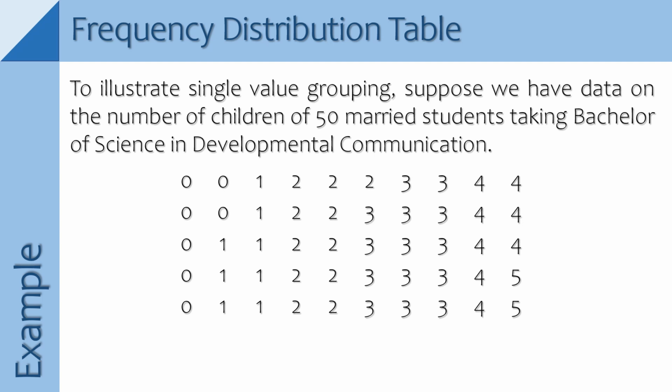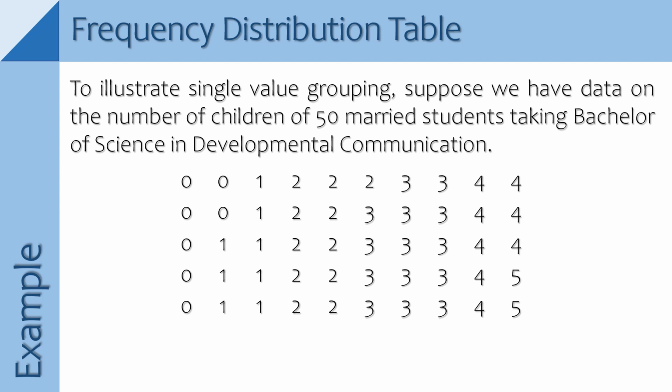So those are the numbers of children of 50 married students taking Bachelor of Science in Developmental Communication. Okay, so our task here is to create the ungrouped distribution table.